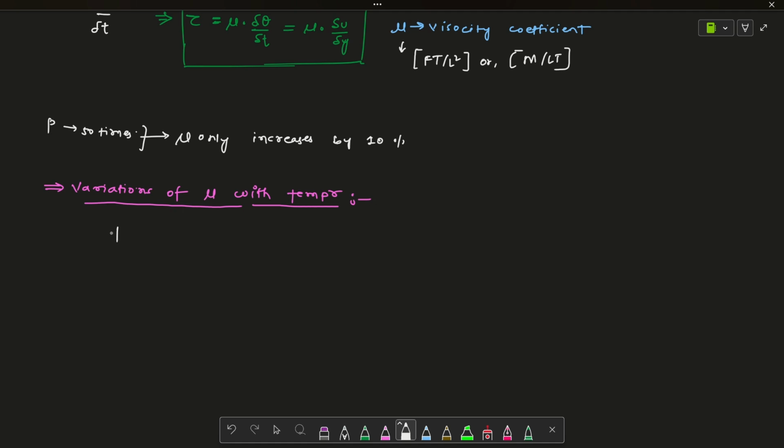If we increase the temperature, viscosity can both increase and decrease. The viscosity gets decreased in the case of liquids, and it gets increased in the case of gases. So on increasing temperature, the viscosity of gases will increase, but in the case of liquids it decreases.